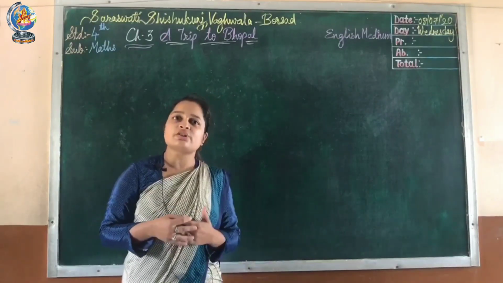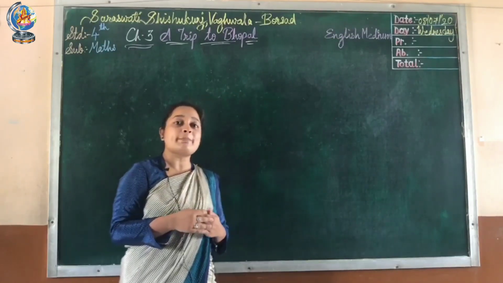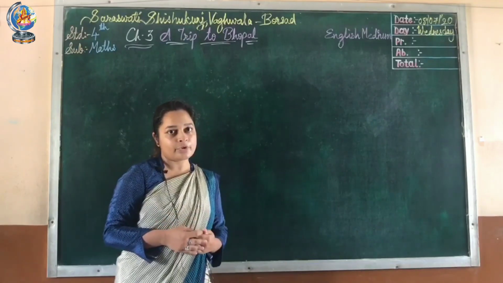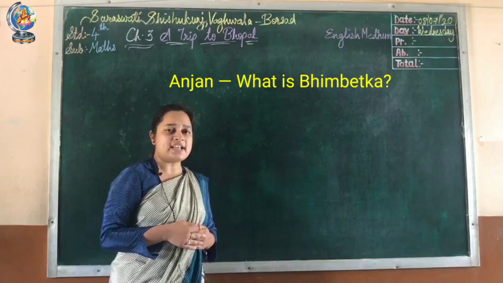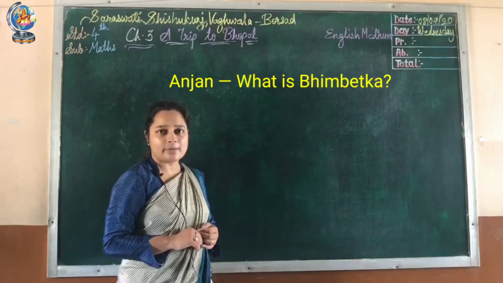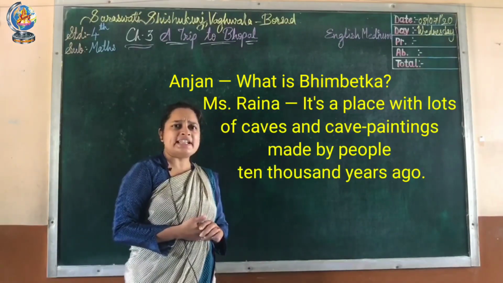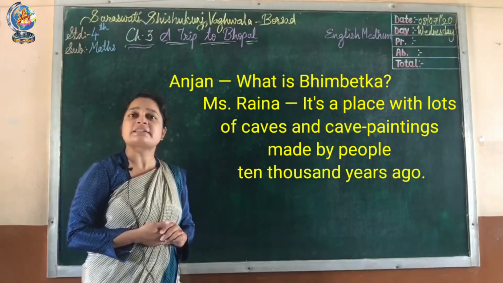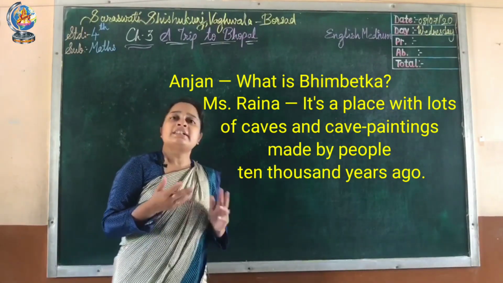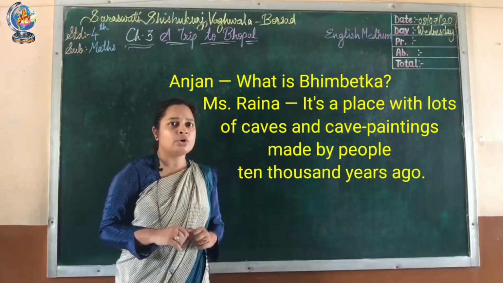It was instructed to the students that they have to stop at Bhimbetka. From one bus, one boy, Anjan, said, what is Bhimbetka? Mrs. Raina said, it is a place with lots of caves and cave paintings made by the people 10,000 years ago.